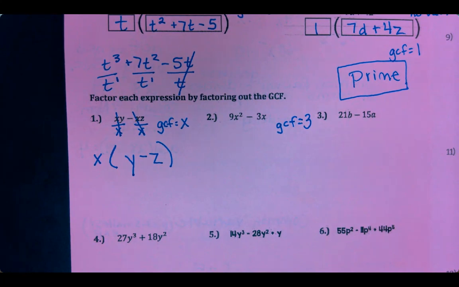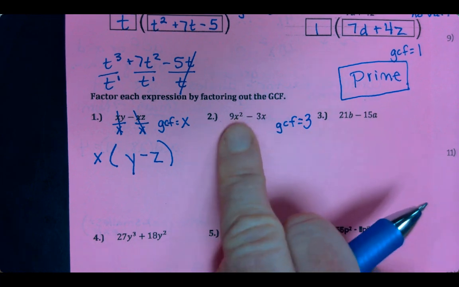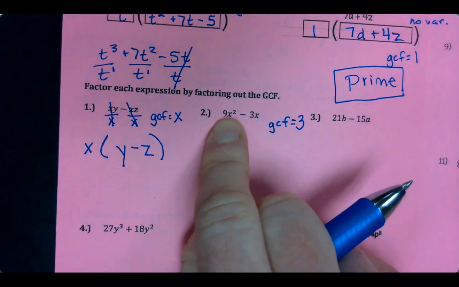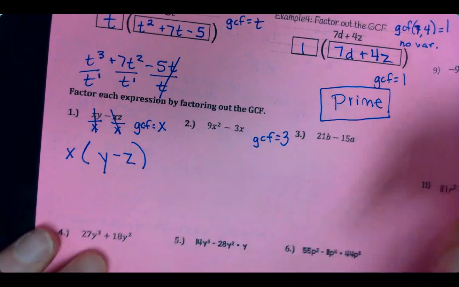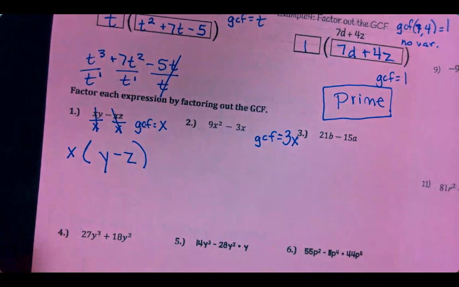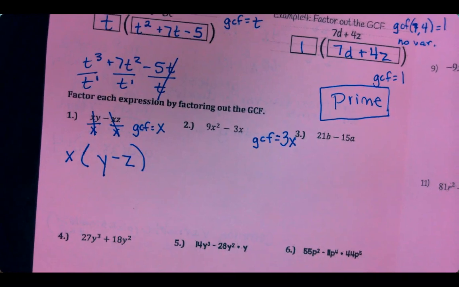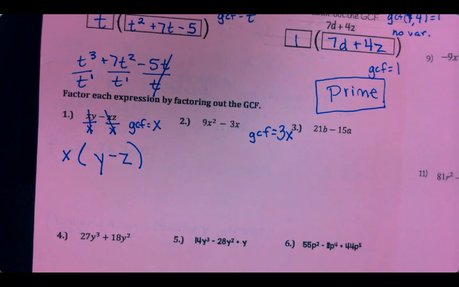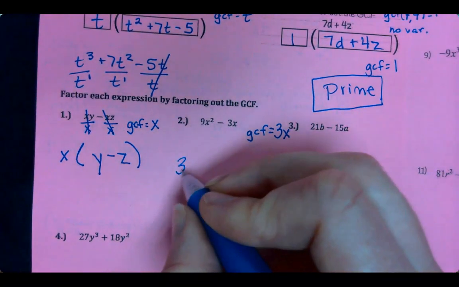Then we look for our exponents. So we have x squared and x. You always want to choose the lowest one because they both have at least that. They both don't have x squared, but they both have an x. So x is part of your GCF, and that goes out front.